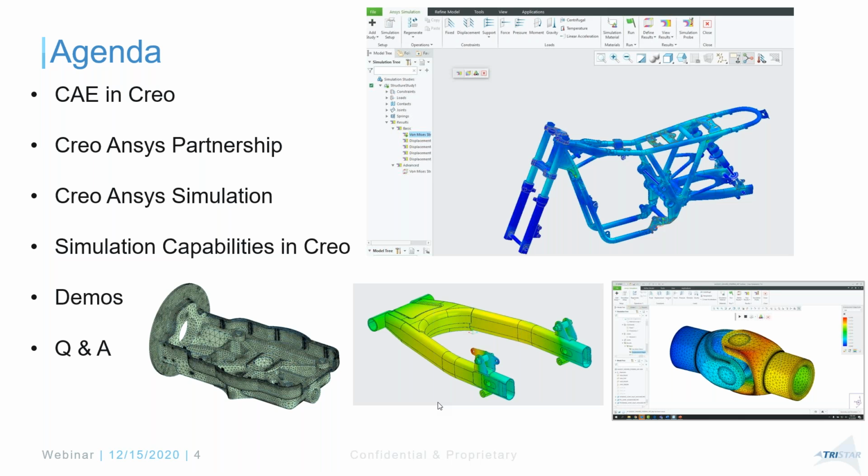So we'll talk about the capabilities, go through some comparison charts, and also demonstrate some example parts and assemblies, and how the overall big picture of these Creo ANSYS products helps both the design engineer and the higher-end analyst who might want to do higher-end analysis.